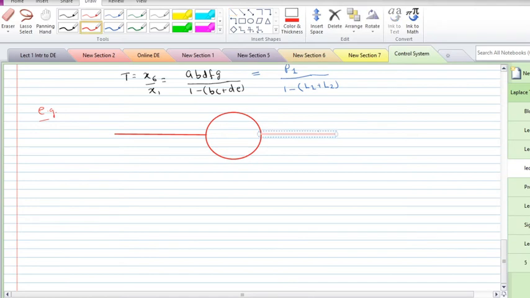Suppose this is a node, this is a node, this is a node, and this is a node, and here this is x1, this is your x2, this is your x3, and this is your x4. Let's suppose there are two forward paths here and there is no loop forming.